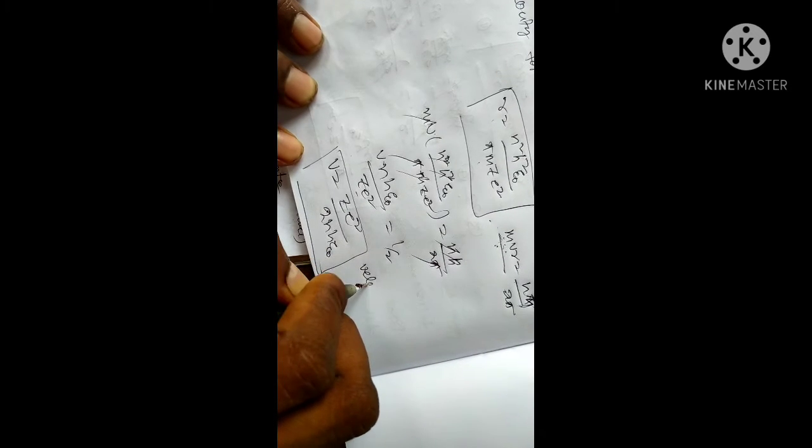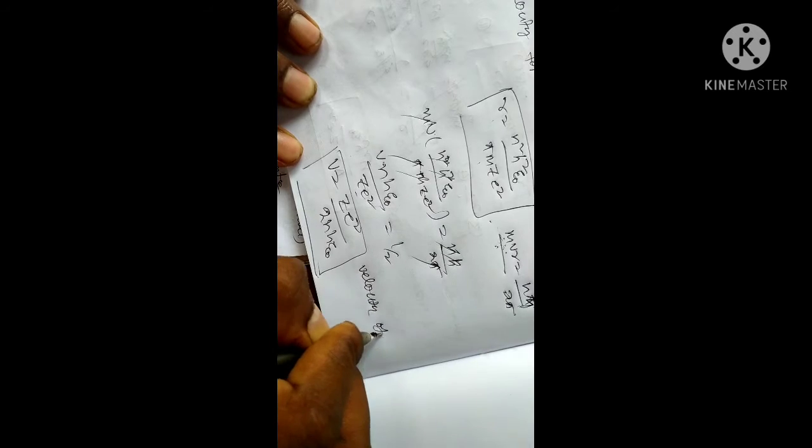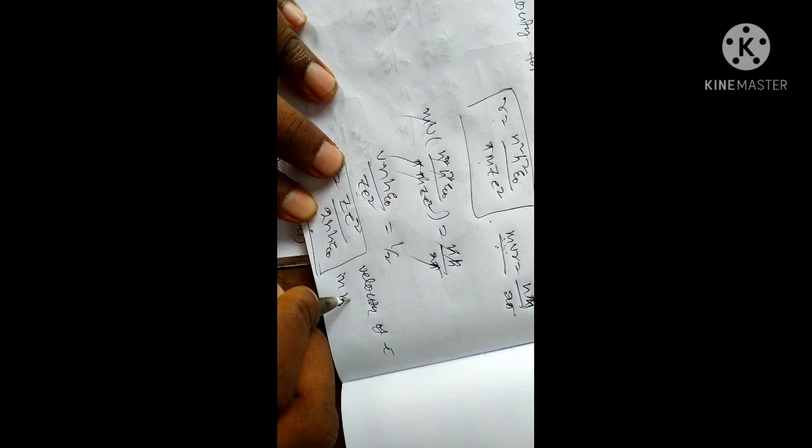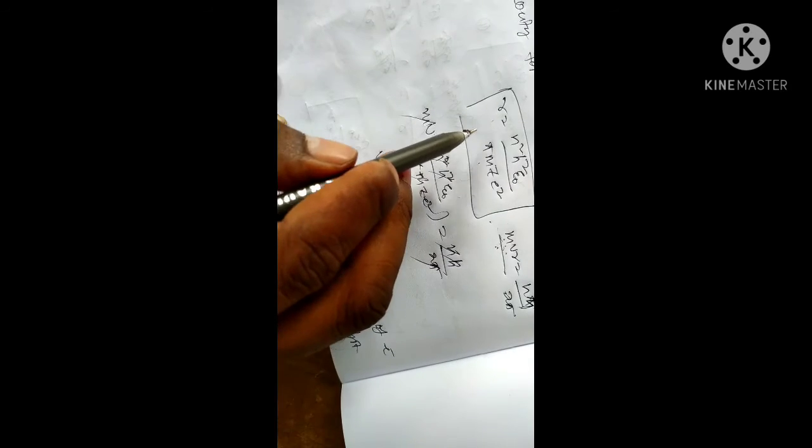This is the velocity of the electron in the nth orbit, that is v is equal to z e square by 2 n h epsilon naught. This is the velocity, found from the radius of the orbit.